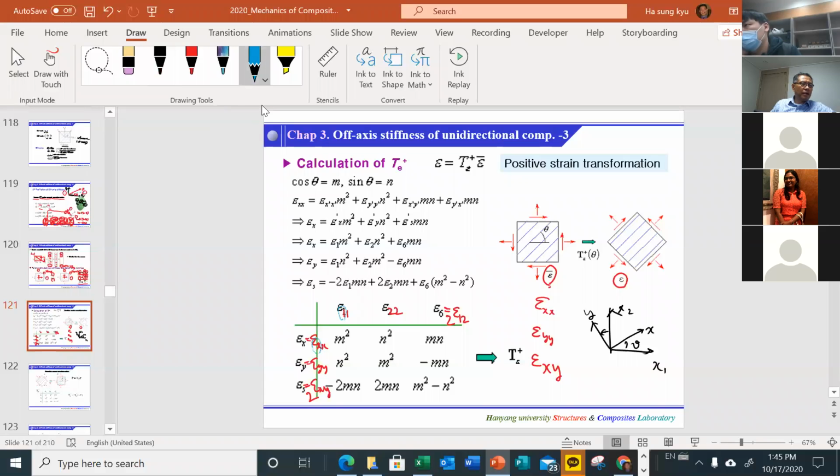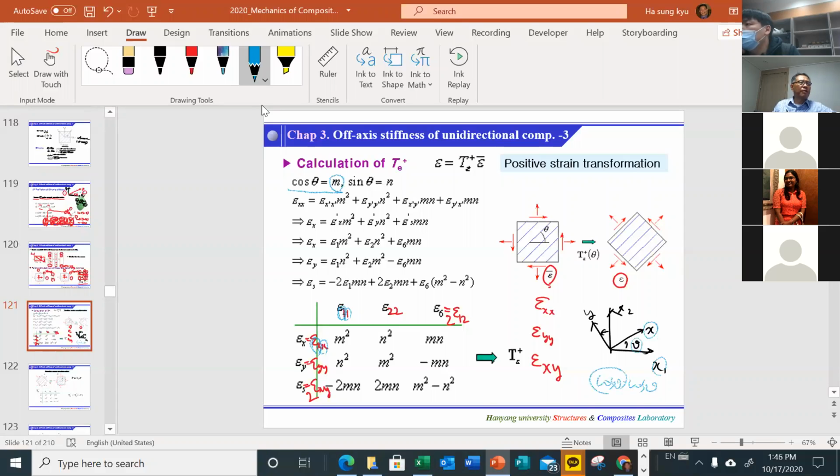Now, again, the force index is x and 1. Cosine of theta is, of course, cosine theta. And the second one is also x and 1, and x and 1 is the cosine theta. So cosine theta and cosine theta, for the cosine theta we just use the m. That's why we have a cosine theta, so m squared.